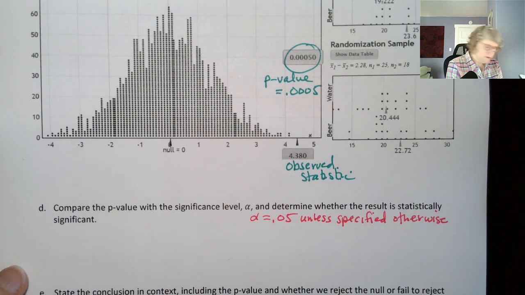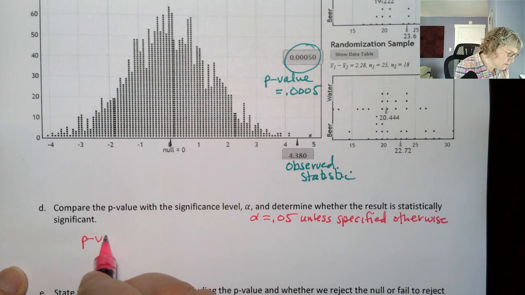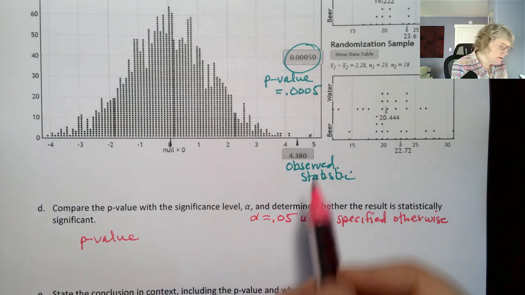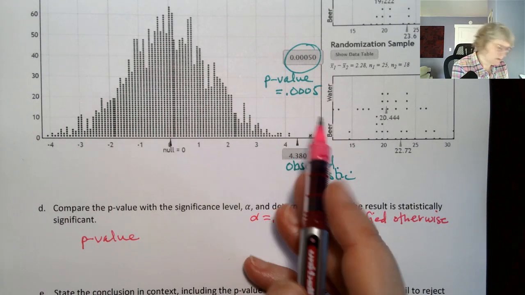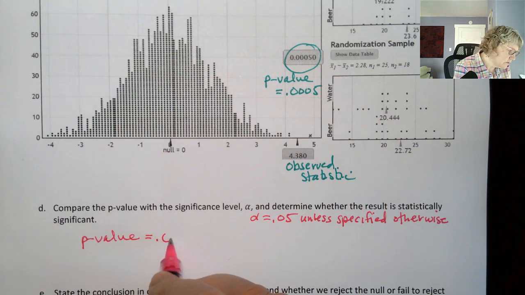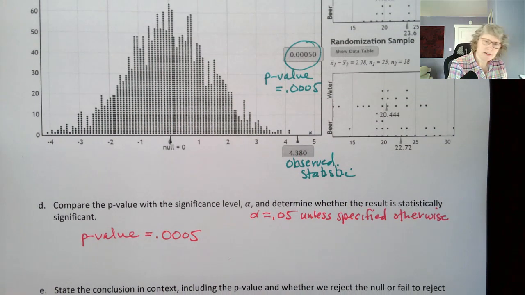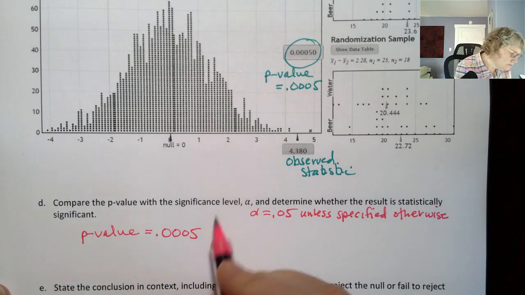Okay, so our p-value, and I could use either one that I got, right? And you would get a different one as well, likely. So I'm going to use the one that's printed on the notes. P-value equals 0.0005, or you could use the largest one, right? Because that's the worst case, but I'm expecting these to vary.